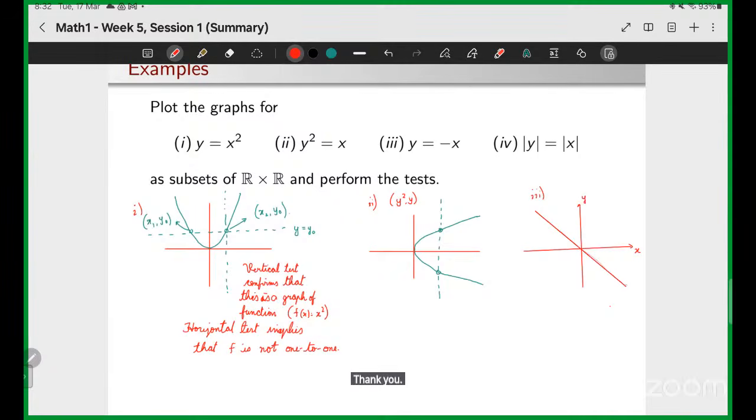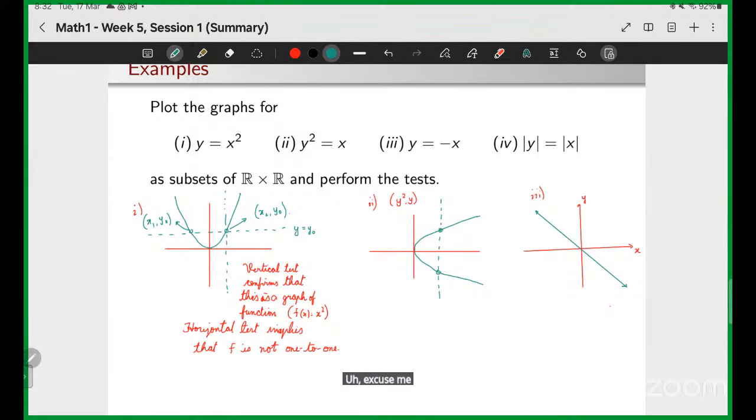So it'll be something like this. So this is the graph of y is equal to minus x. What about the vertical and horizontal test for this? Both will pass.